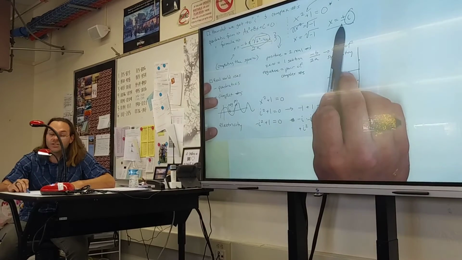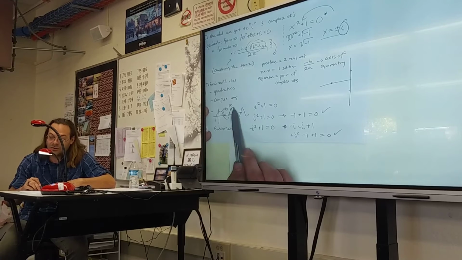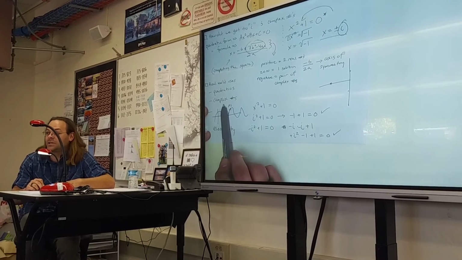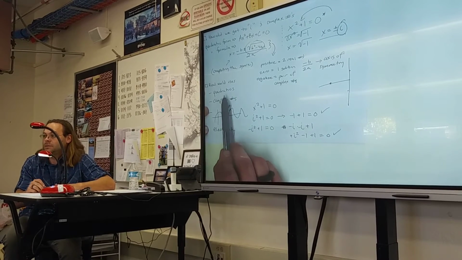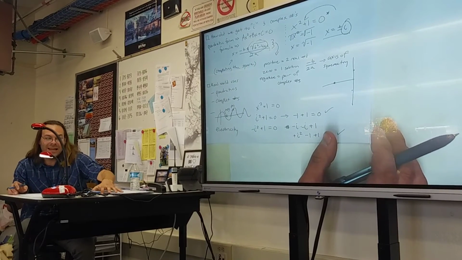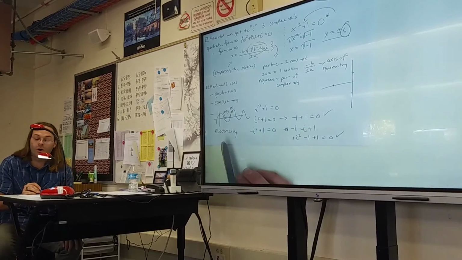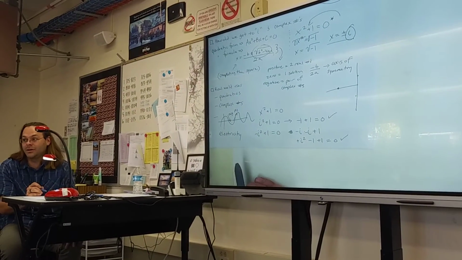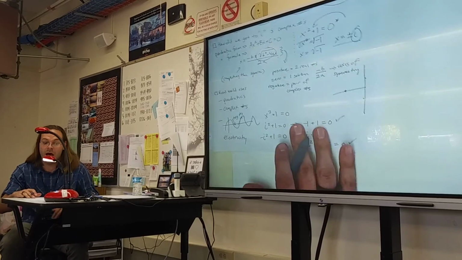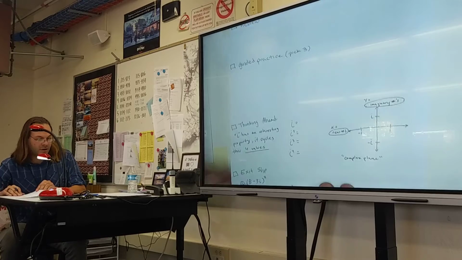That's our plus or our minus i that we're getting. So we see it in electricity, in complex numbers, and in quadratics. Other than that, the applications get into other more complex subjects. We won't ever work with anything dealing with electricity in here. You probably won't see much of that until the college level.